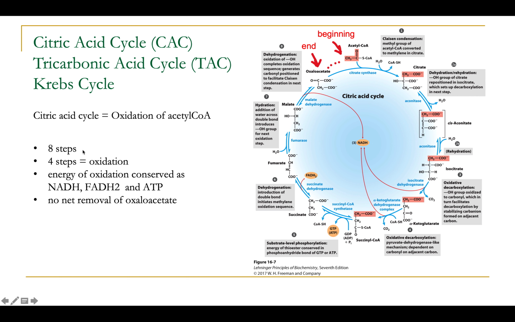The 4 steps constituting the oxidation steps per se, either dehydrogenation or oxidative decarboxylation, where actual oxidation occurs and the electron transport carriers are reduced and released, and 4 preparative steps which prepare the intermediates for the oxidation steps.